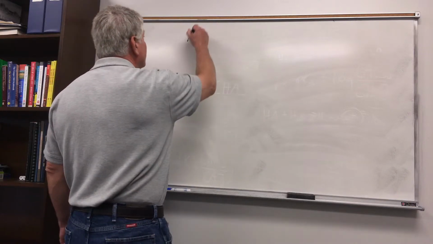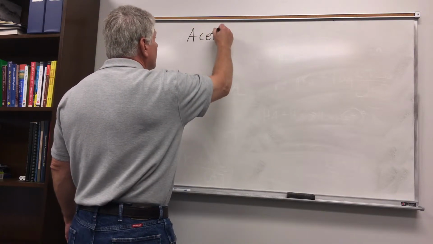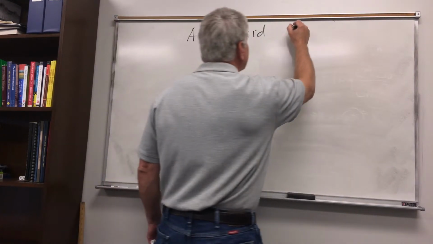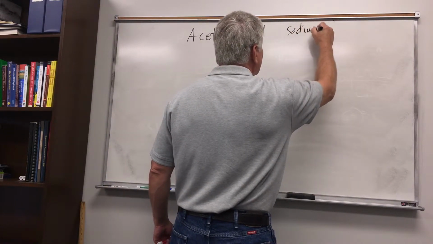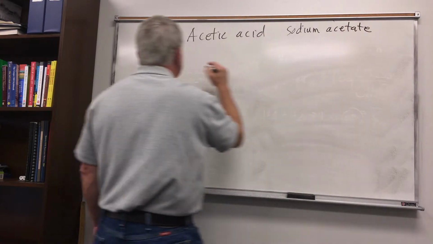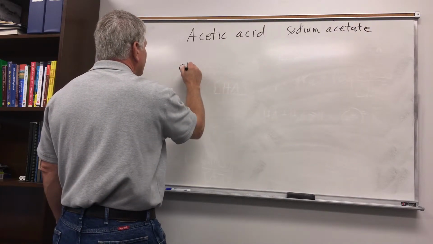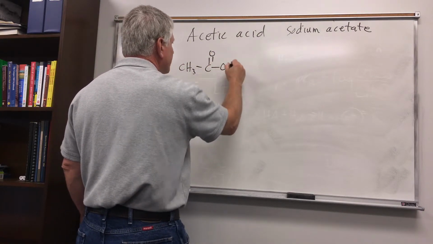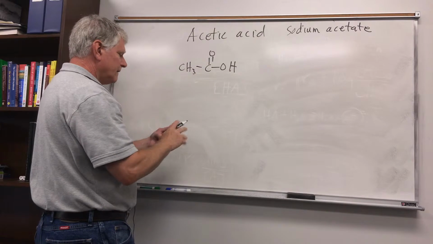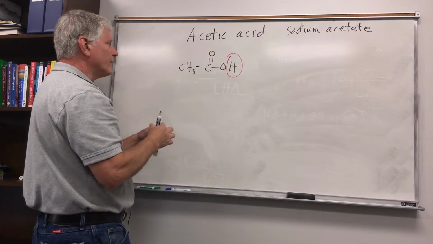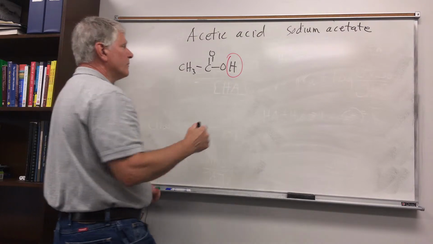Say we have a buffer solution formed from acetic acid and its conjugate base, sodium acetate. So those molecular formulas are, this is acetic acid. This is the hydrogen that can be donated in the form of a proton for the acid reaction.